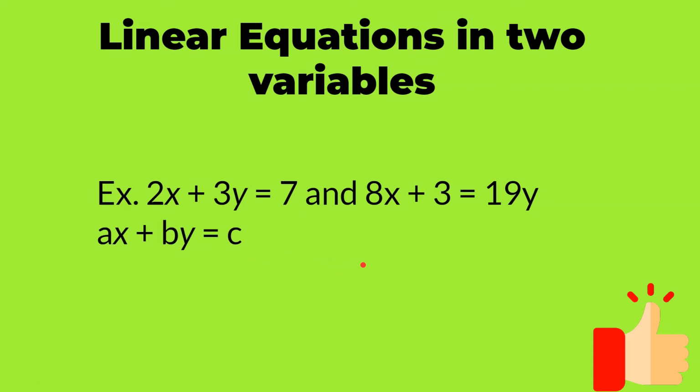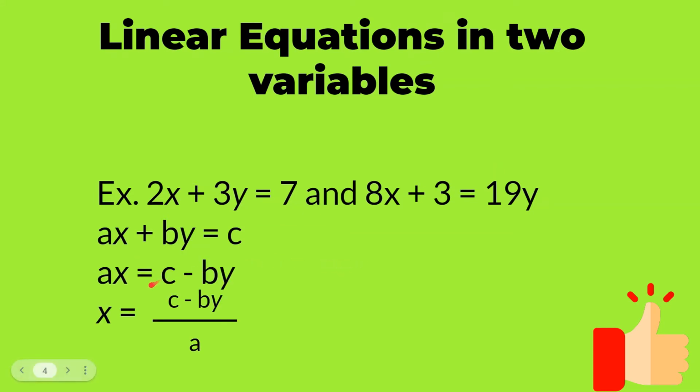Then you have to subtract by from both sides, so by minus by is 0, so ax will be left on the LHS and c minus by on the RHS. Then divide both sides by a, so x is equal to c minus by upon a, and then plug in the value of x into equation number 2.